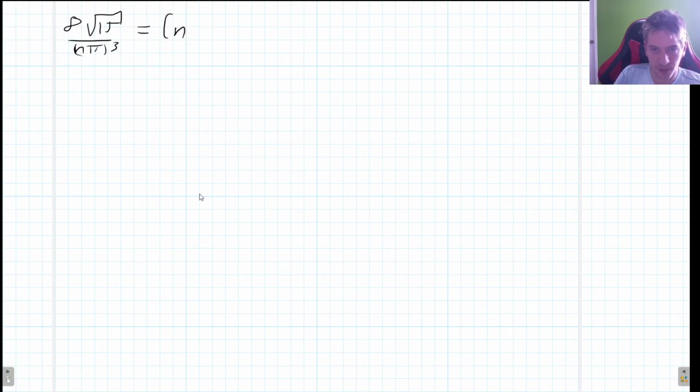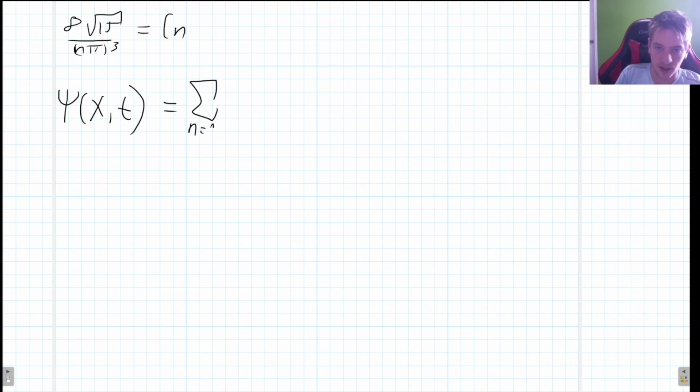So with this in mind, we can now finally, and this was the point of this whole thing, as we said in the beginning, find our psi of x and t, which is just going to be a linear combination from n equals 1 to infinity, and only considering the odd terms. I mean, you could consider all n's, but all even ones are going to be 0, so it doesn't really make sense to include them, but it doesn't change much, it's just 0.